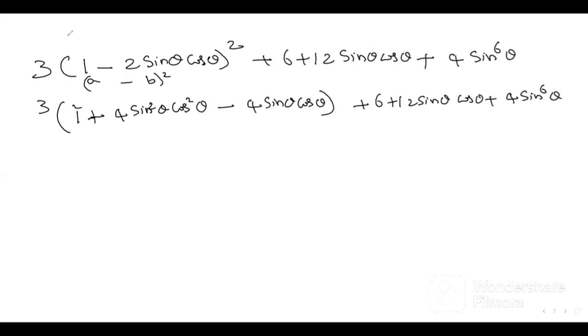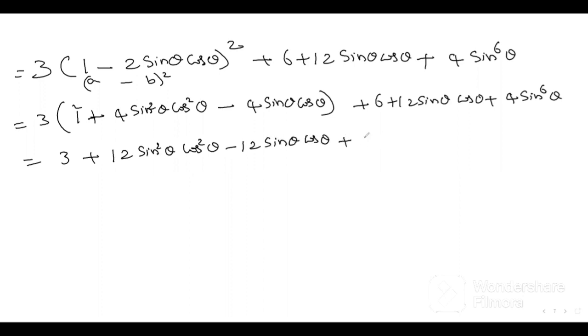Here 3 multiplied to all: 3 into 1 is 3, 3 times 4 is 12 sin square theta cos square theta, 3 times 4 is 12 sin theta cos theta, then 6 plus 12 sin theta cos theta, plus 4 sin to the power 6 theta.